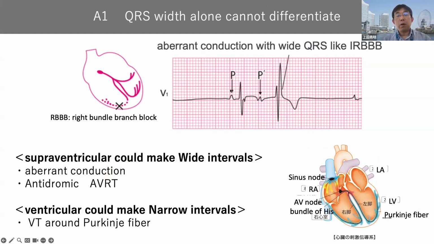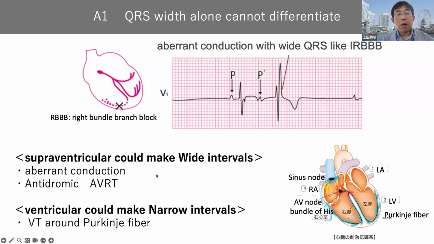So here this is the normal P wave, and this is the normal QRS pattern. But if it's from the abnormal P here and aberrant conduction happens, it looks like a wide QRS. So whenever we see a wide QRS pattern, we can never say that this is PVC. We just have to see where the P waves are.